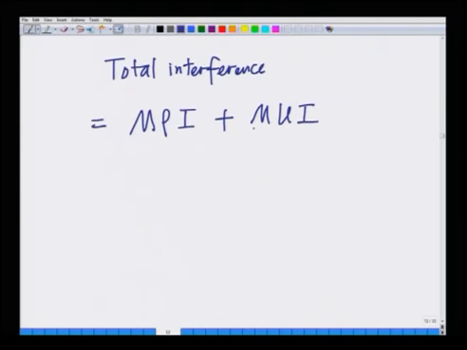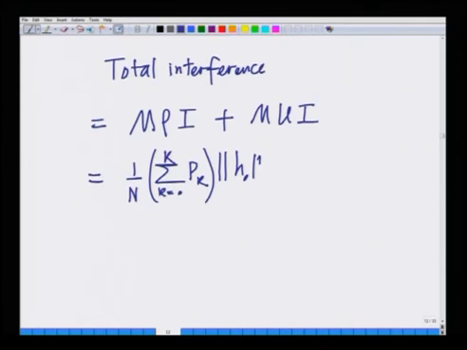So, total interference power is MPI power plus MUI power, which is nothing but 1 over n, summation k equals 0 to capital K of p k into norm h 0 square, minus 1 over n p 0 h 0 magnitude square, because remember there is also multipath interference coming from other components of user 0.